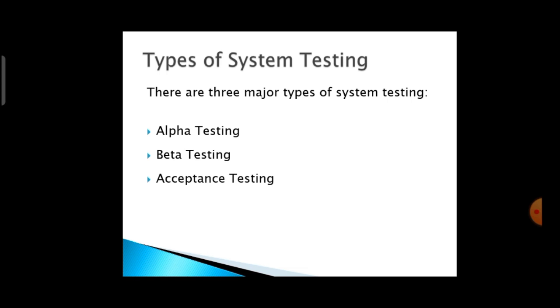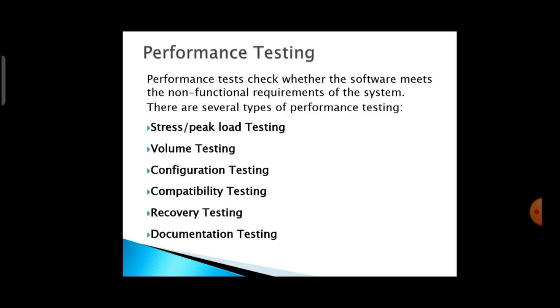And the next type is performance testing. Performance tests check whether the software meets the non-functional requirements of the system. All the performance tests can be considered as black box tests, and there are several types of performance testing. First is stress or peak load testing, volume testing, configuration testing, compatibility testing, recovery testing, and documentation testing.